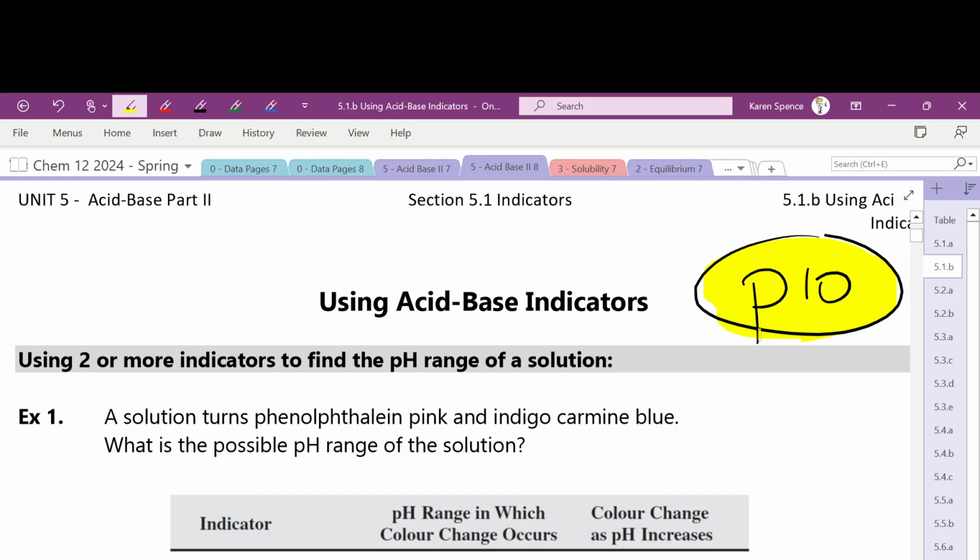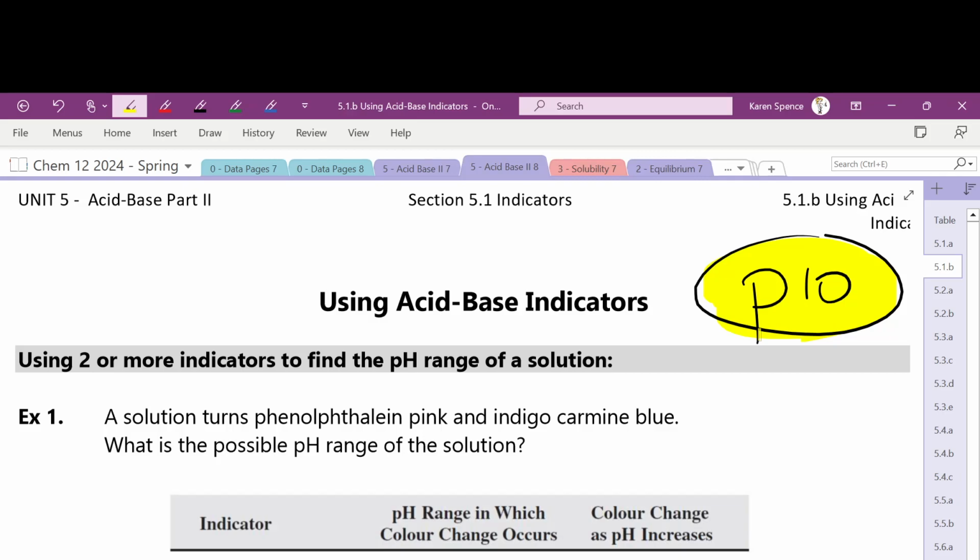All right, so we have a solution now, and it turns phenolphthalein pink and it turns indigo carmine blue. So the pH is between 10 and 11.